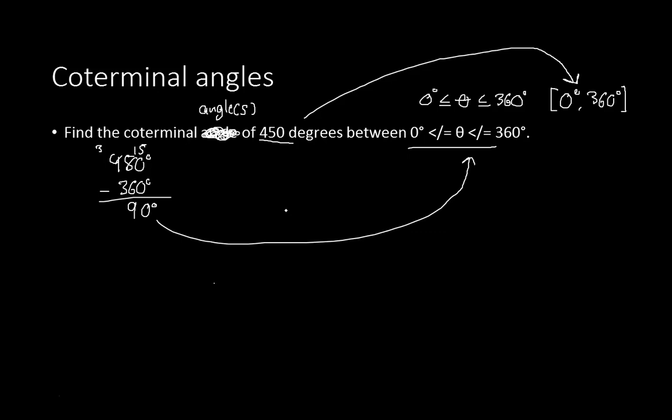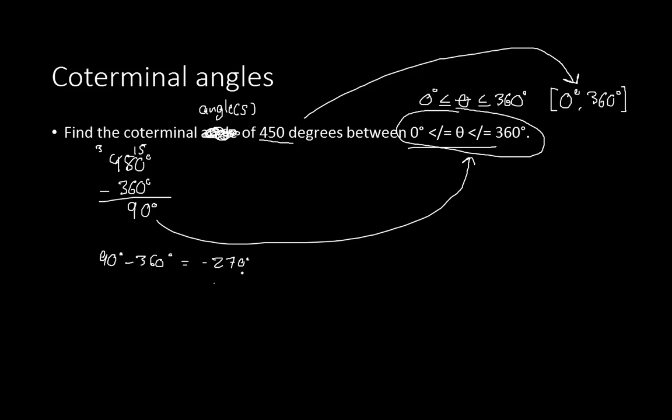But are there more coterminal angles of 450 degrees within this range? Is it only 90 degrees, or maybe more than one? If you're not sure, keep subtracting. 90 degrees minus 360 degrees gives negative 270 degrees.